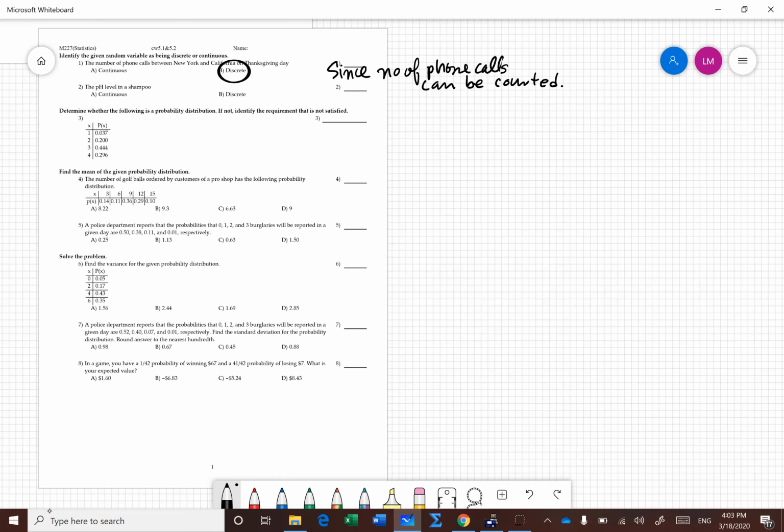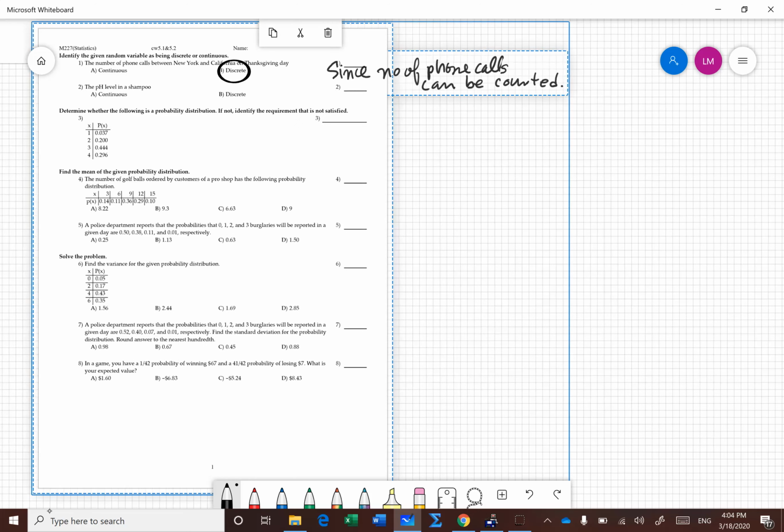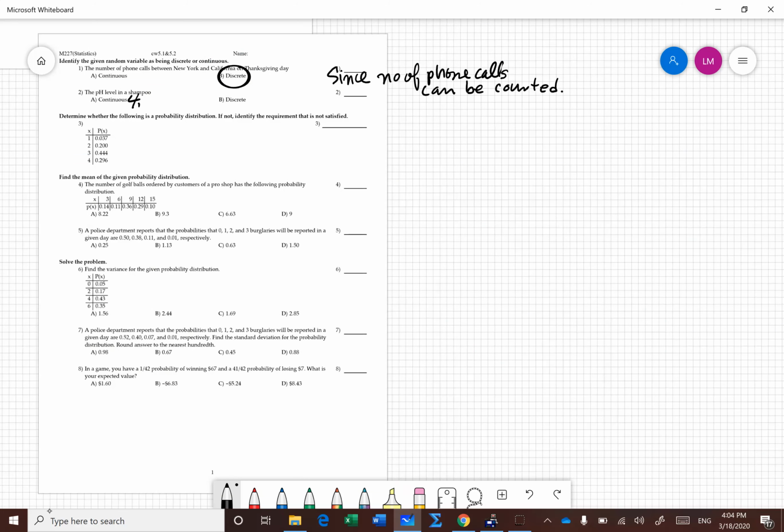Now the next one is pH level of shampoo. You don't really count the pH level. It can take all kinds of values. It is continuous. It can be 4.2, 4.201, 4.235. It's not counting.